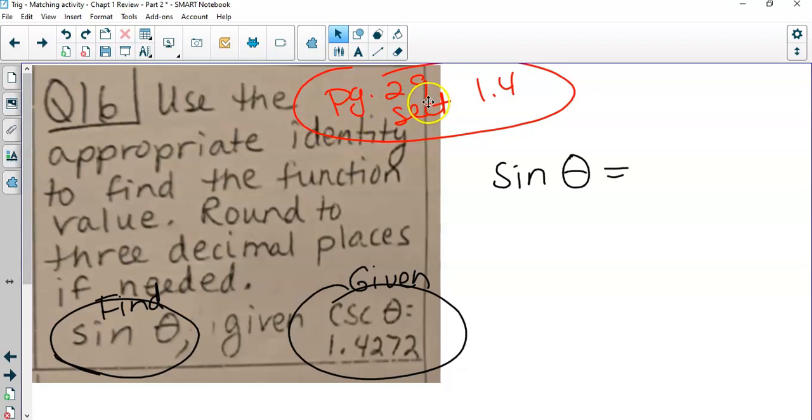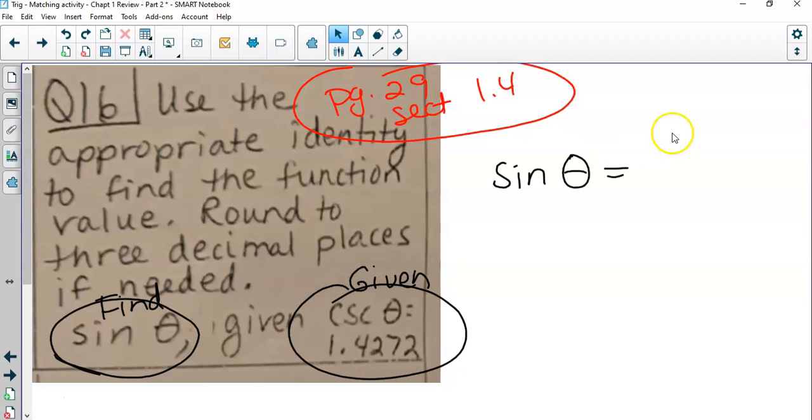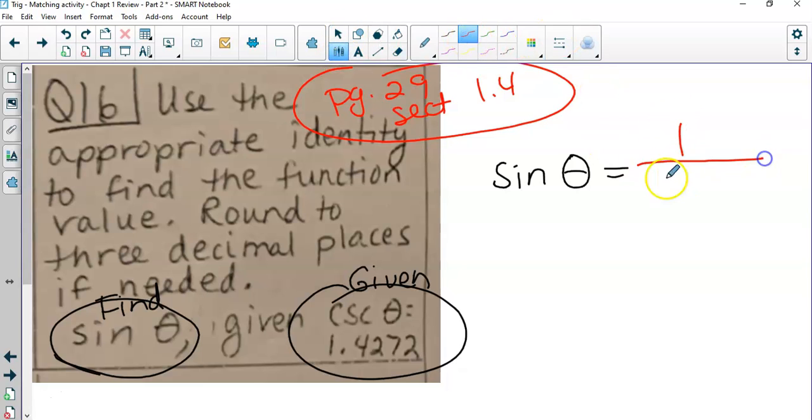So I'm going to page 29, which is in section 1.4, and I'm looking for the trig function that says sine theta equals. These are those reciprocal identities, and the sine of theta is equal to 1 over the cosecant of theta. Well, the cosecant of theta is given, so what I'm going to do is cross that out, and I'm going to replace it with the value.